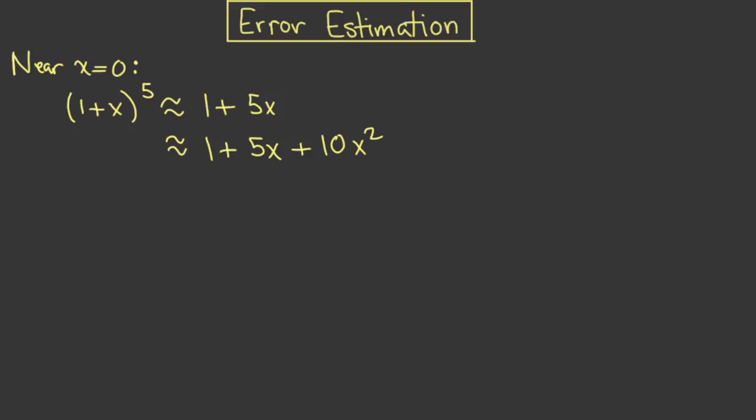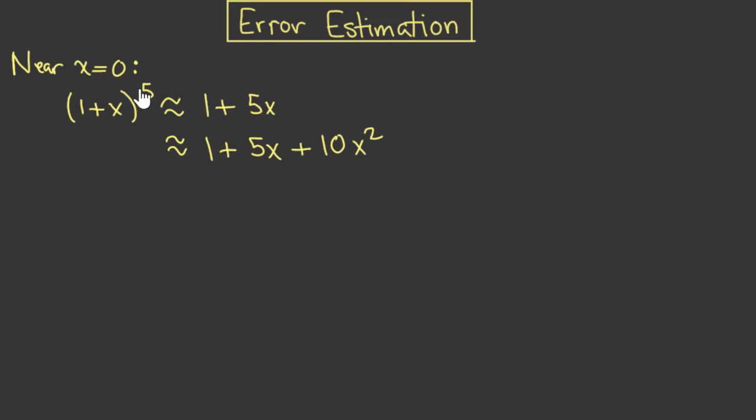I'm sure you've noticed that we keep using this squiggly equal sign to indicate an approximate equality. What I want to answer now is, what does approximately equal to really mean? Here I have an example function, 1 plus x to the 5th, that I'm considering for values of x near 0.